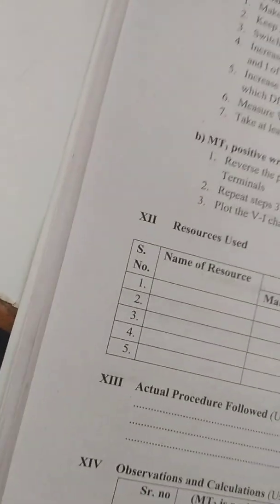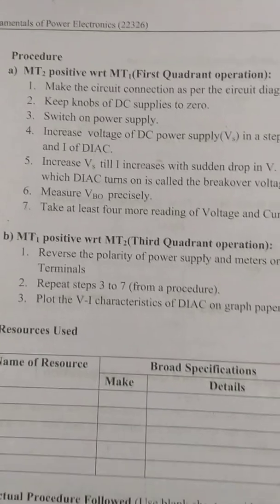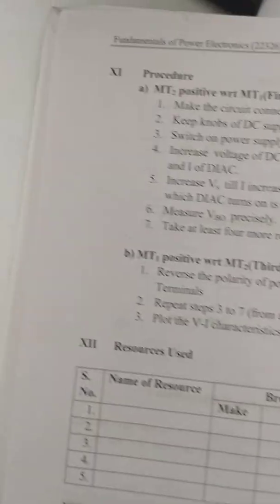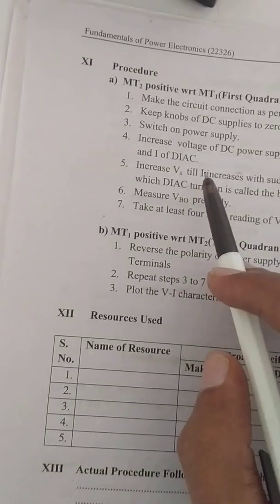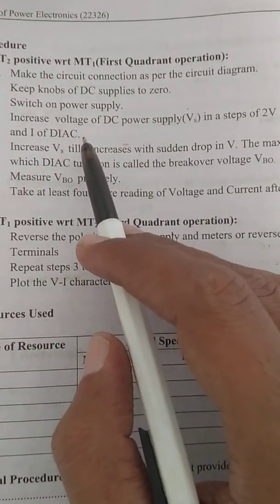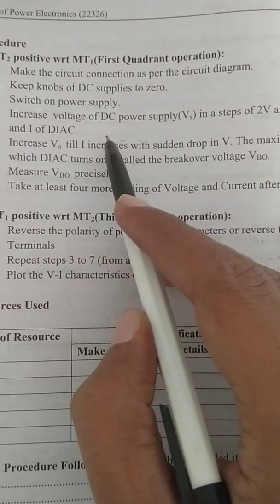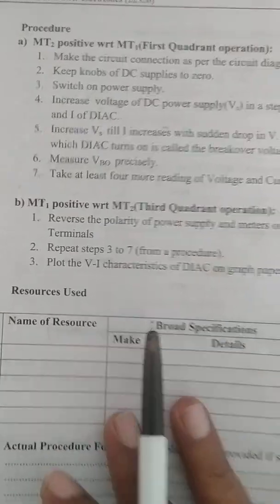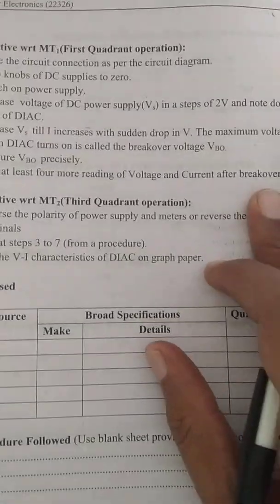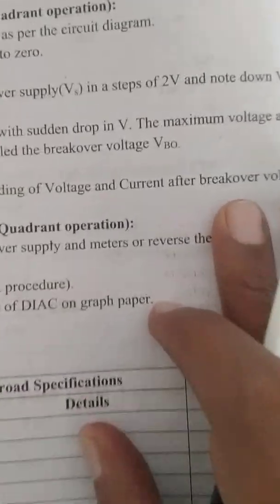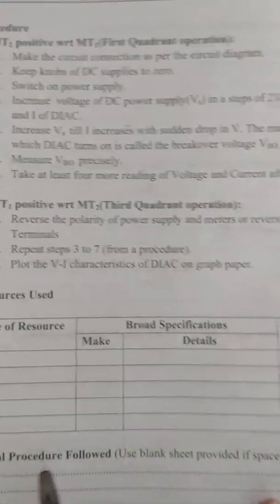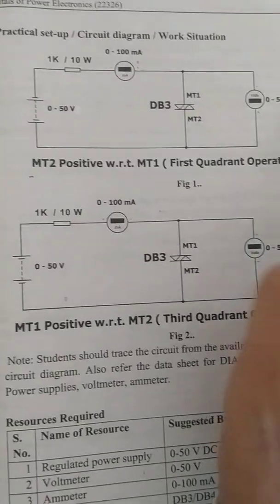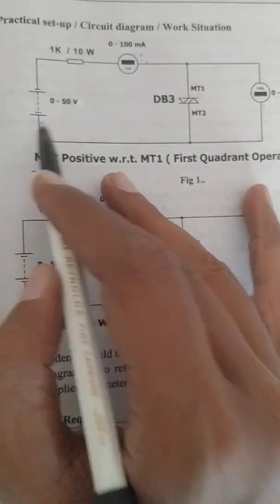Now, the procedure for this activity is very simple. In the circuit diagram, we have to increase the DC supply in steps of 2 volt, and we have to record the voltage and current of the DIAC. It means this is a voltage supply.